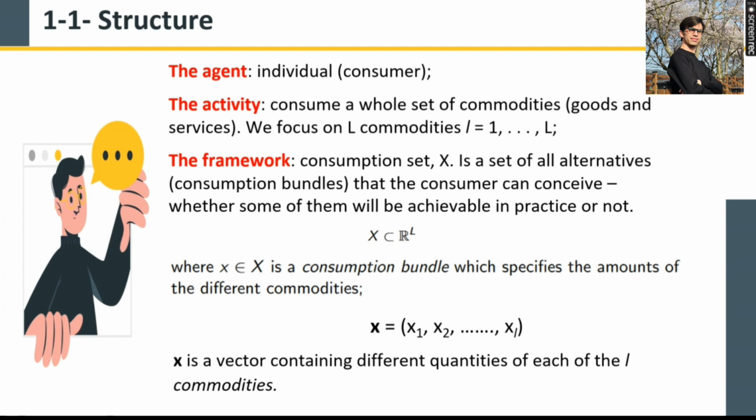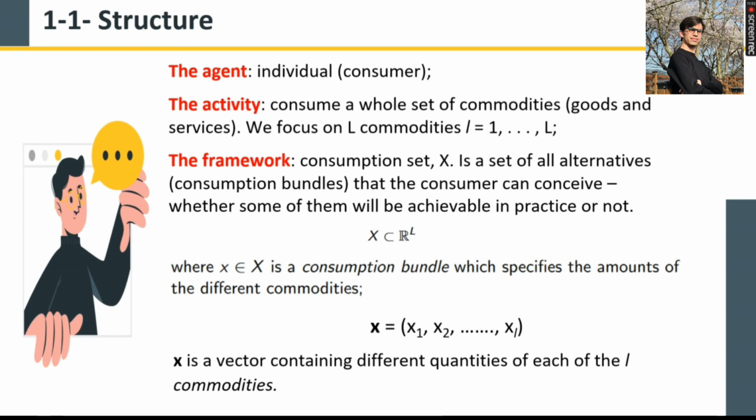The consumption set is a set of all alternatives or consumption bundles or consumption plans that the consumer can conceive, whether some of them will be achievable in practice or not. And this consumption set X is a subset of R^L, the subset of real numbers with L dimensions.